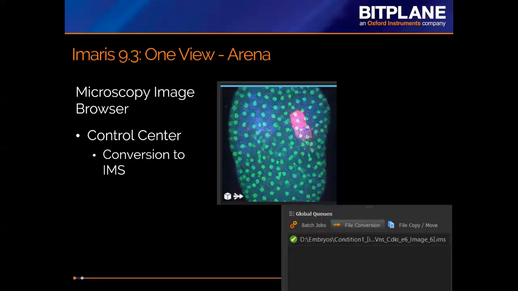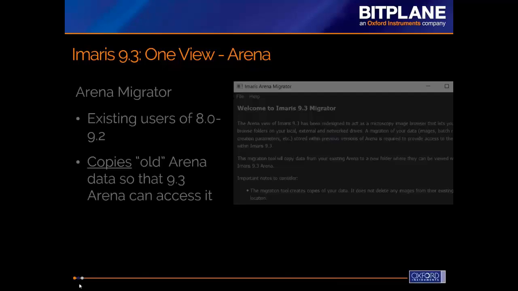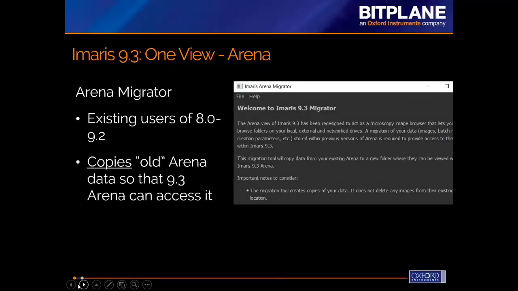So now what I'm going to do is take me back out. Yes, I have a couple more things to talk about, sorry. As many of you probably know, in the previous versions of Imaris, we handled your data in a different way if we were displaying it within Arena.